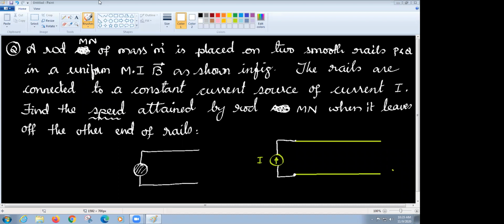So, Alekia, could you tell me why there is current in that? How do you say there is current in that? Roll number 38. Please unmute yourself and turn on your video and just give me the answer.